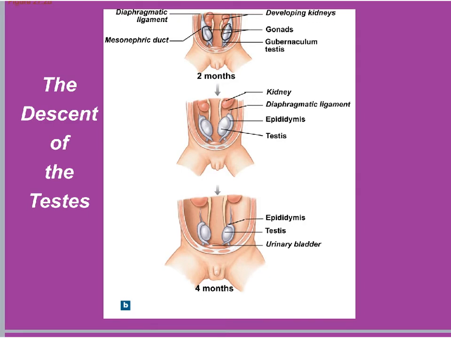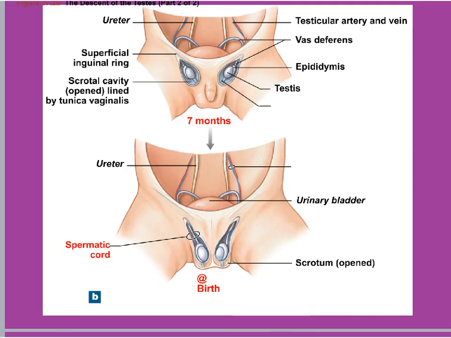And you see how eventually they drop, so they move further away from the kidneys. Then they're going to drop down to the pelvic floor, closer towards that inguinal canal. So by about 4 months of embryological development, they're very close to that inguinal canal, where they're going to be pulled through the body wall and end up in the skin and superficial fascia of the newborn.